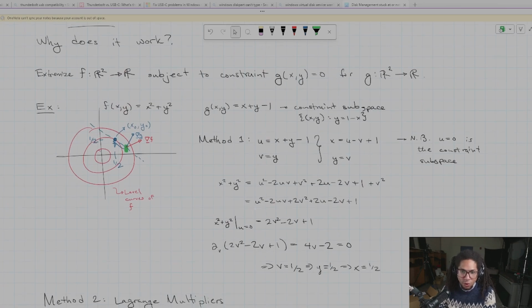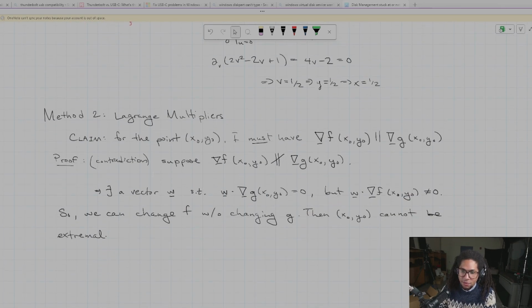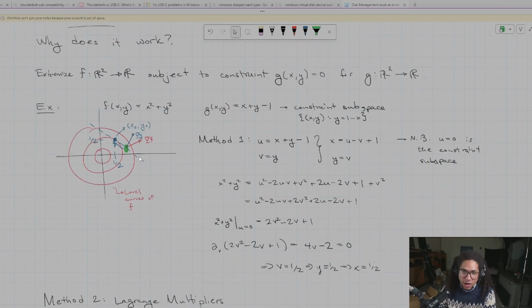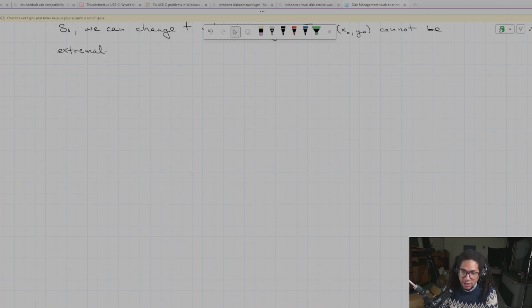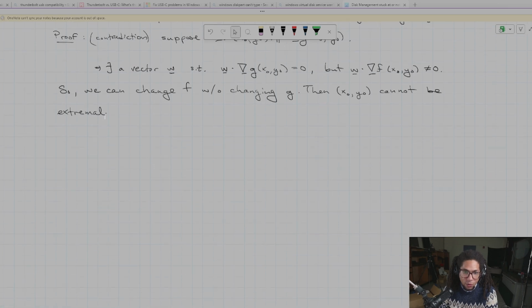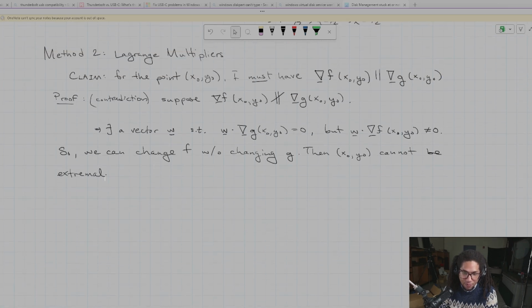So one really important point to stress here, by the way, is that I was assuming that the point x naught, y naught is in the constraint subspace, right? So if I'm in the constraint subspace and I don't change the value of g, then that means if I started with g equal to 0 at that point, then along this curve, g stays 0. And that's why this whole thing works. Okay.